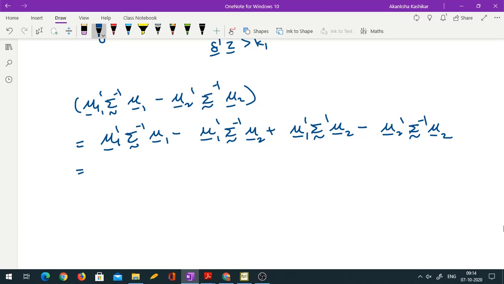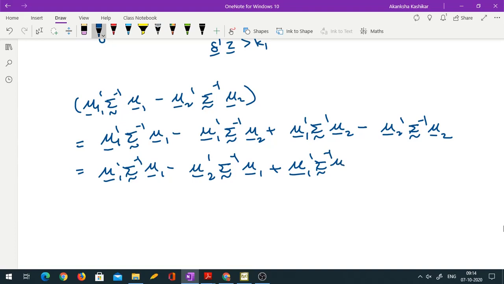Now everything is scalar, so the middle two terms can be written as transposes of each other. So I can write this as mu2 prime sigma inverse mu1 plus, this I will keep as, mu1 prime sigma inverse mu2 minus mu2 prime sigma inverse mu2.